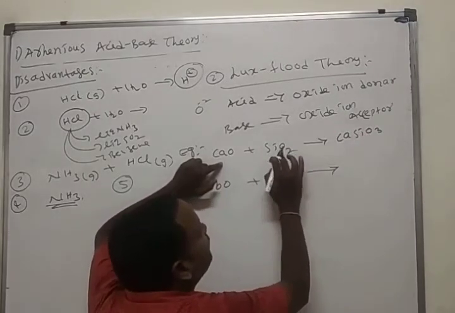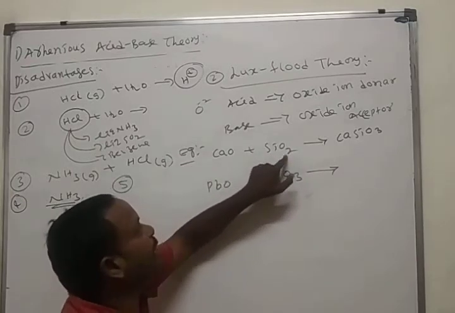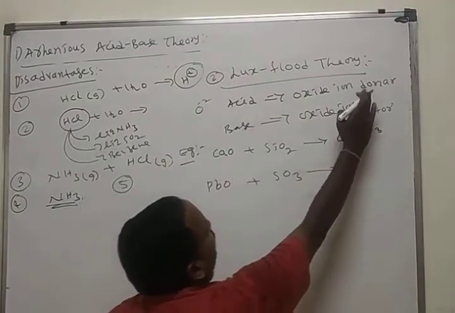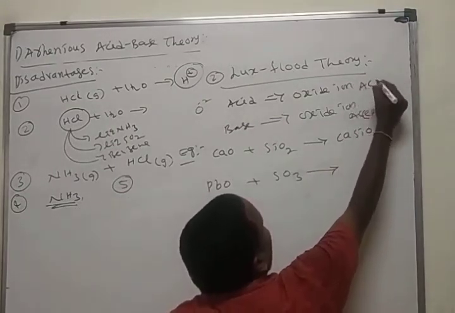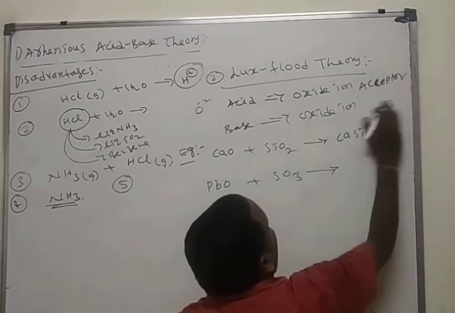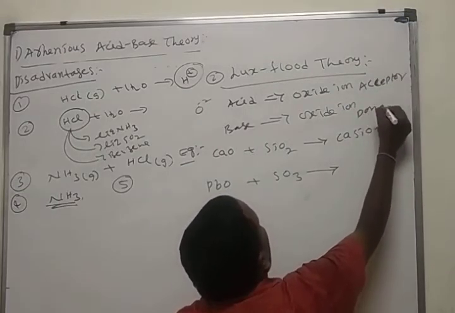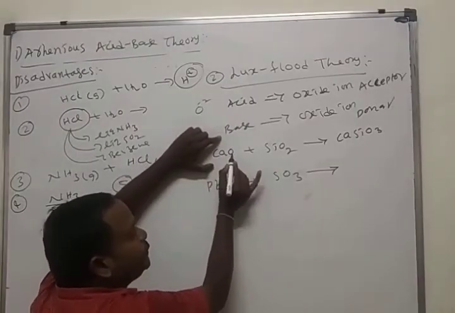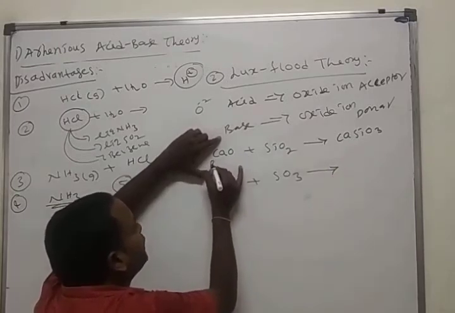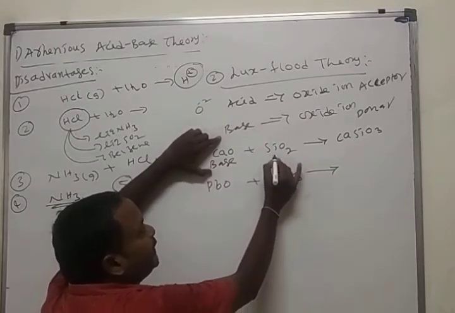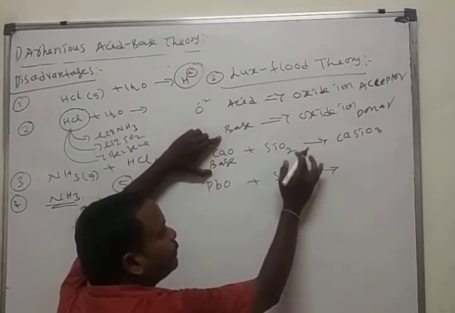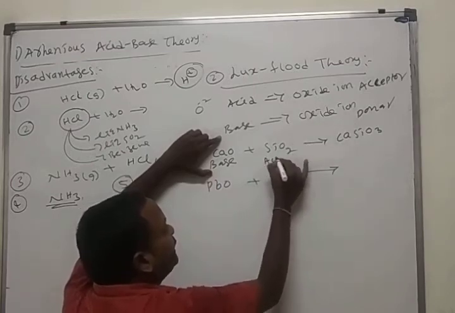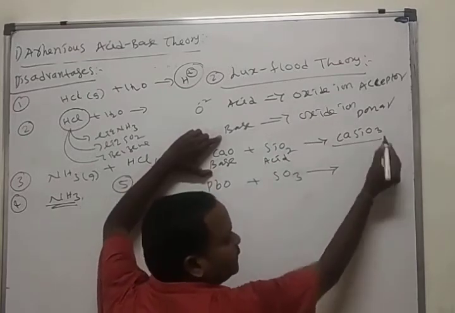SiO2 accepts the oxide ion. Oxide ion acceptor we call an acid, donor we call a base. Here calcium oxide donates the oxide ion, so it is a base. Silicon dioxide accepts the oxide ion, so it is an acid, and they form calcium silicate.